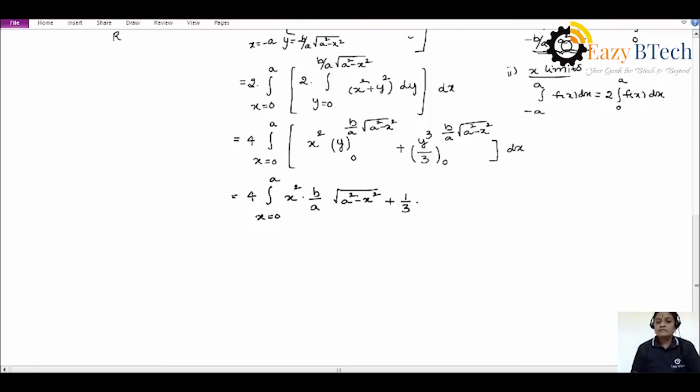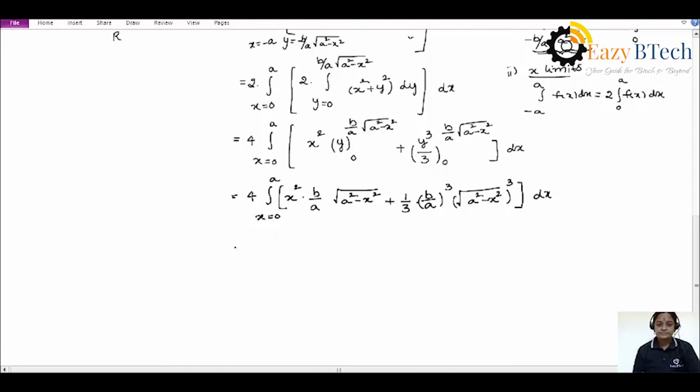In the place of y you have to substitute this value, and again whole cubed also. That means b by a whole cubed, root of a square minus x square whole cube, with dx for the total function.